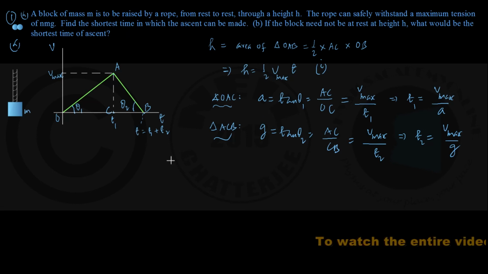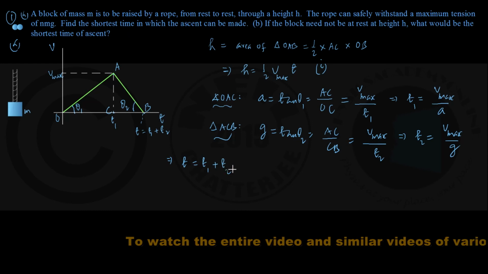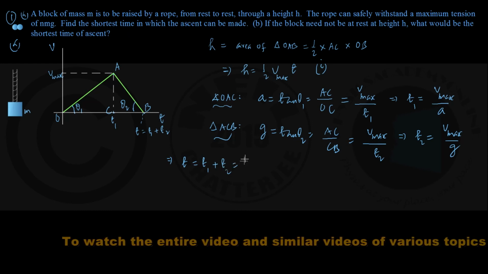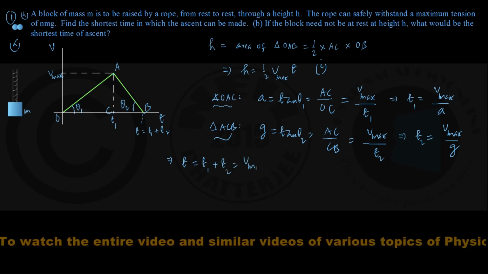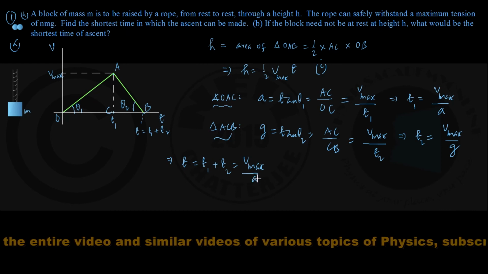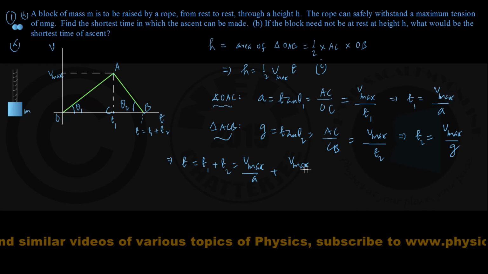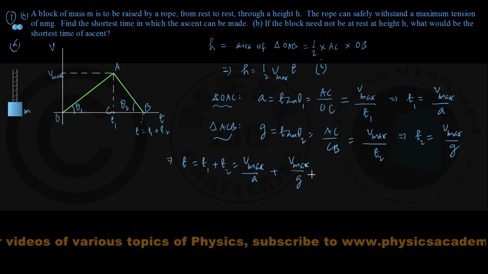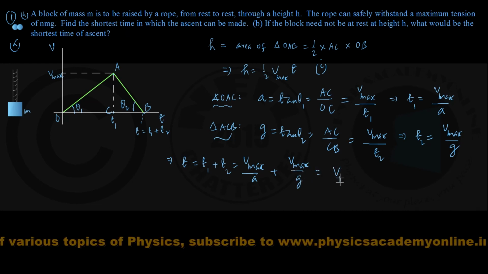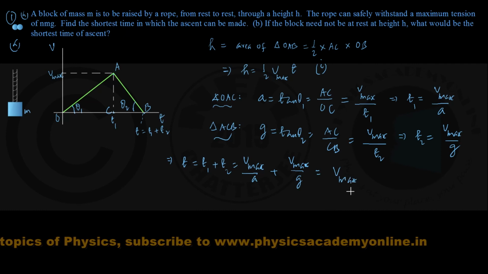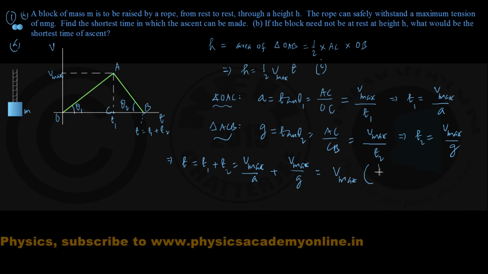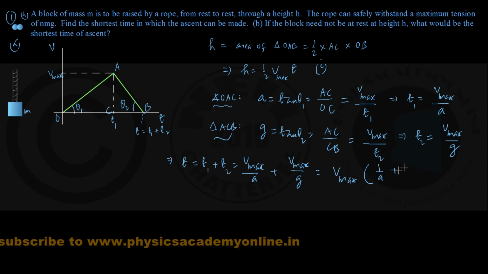Adding up these two times, T1 and T2, you get the total time of travel. Therefore, we conclude from here, total time of ascent T is equal to T1 plus T2. Putting the values from above, that is Vmax by A plus Vmax by g. If I take Vmax as common, I get inside the bracket 1 upon A plus 1 upon g, isn't it?